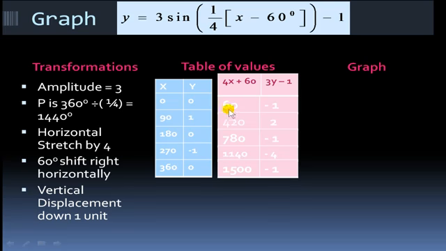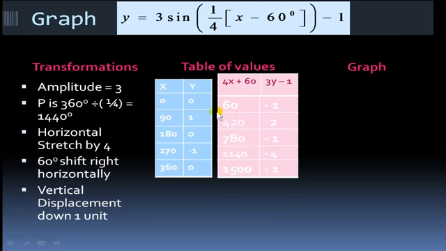So from 60 to 420, this is the first quarter, so 360 degrees have taken place. For the second quarter, you might think of 420 to 780. Again, 360 degrees. For the third quarter, you have 780 to 1140, which is 360 degrees. And the last quarter is 1140 to 1500, which is 360 degrees.